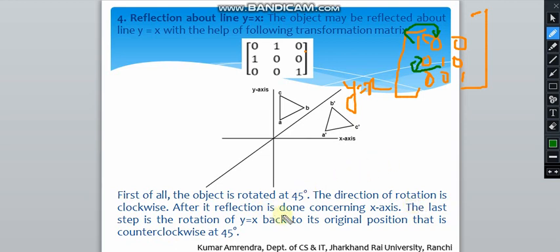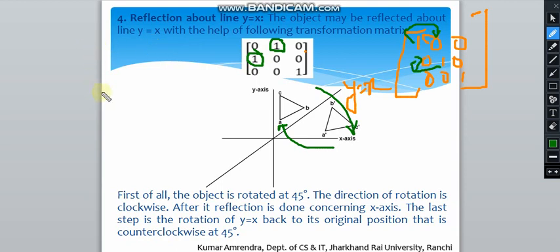After that the reflection is done with respect to the x-axis, and the last step is rotating the line y equal to x back to its original position, that is counterclockwise by 45 degrees. So first we make a clockwise 45 degree rotation, we reflect it, and after that we rotate it by 45 degrees counterclockwise, that is anti-clockwise. So first there is a 45 degree clockwise rotation and after that a 45 degree anti-clockwise rotation. These two rotations happen because in the first 45 degrees we are rotating the x coordinate, and in the second one we are rotating the y coordinate.